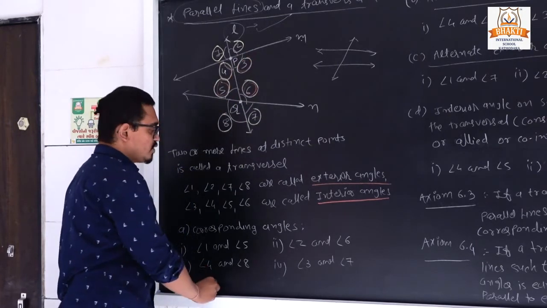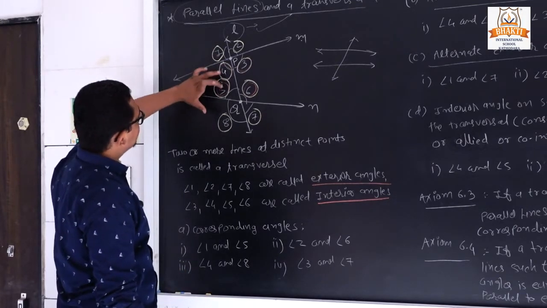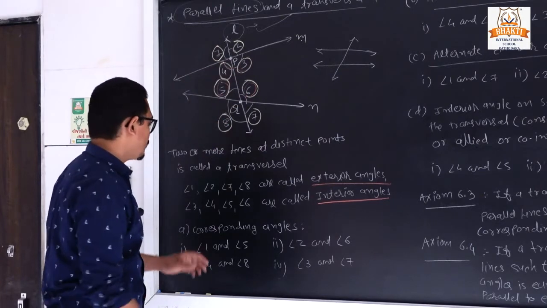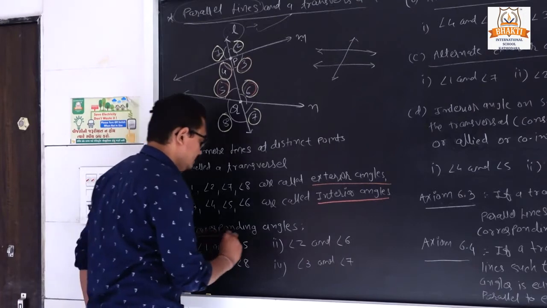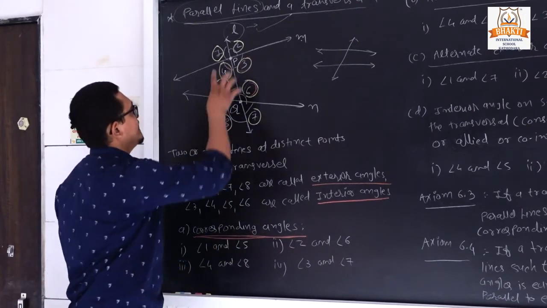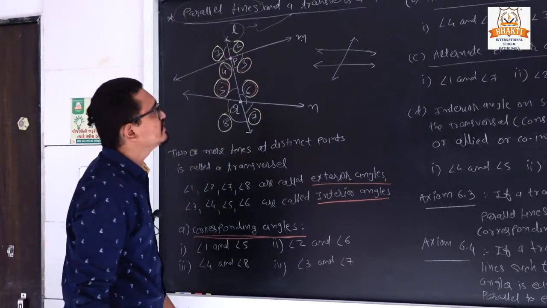So 1, 5, 2, 6, 4, 8, 3, 7, all these angles are known as corresponding angles. Clear? They are on the same side, the left hand side.